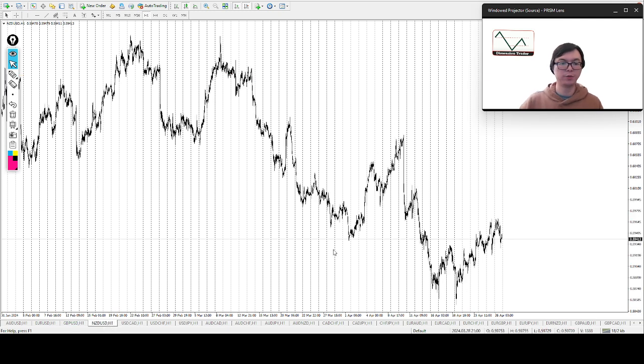Next one, New Zealand dollar. This pair, we clearly see the bottom right here. Pricing break up. As far as the trend line, we have the trend line right here. Sorry for the line. And the pricing comes back to test.